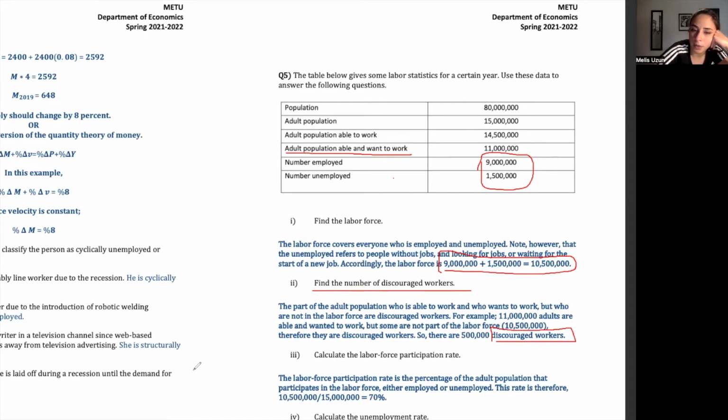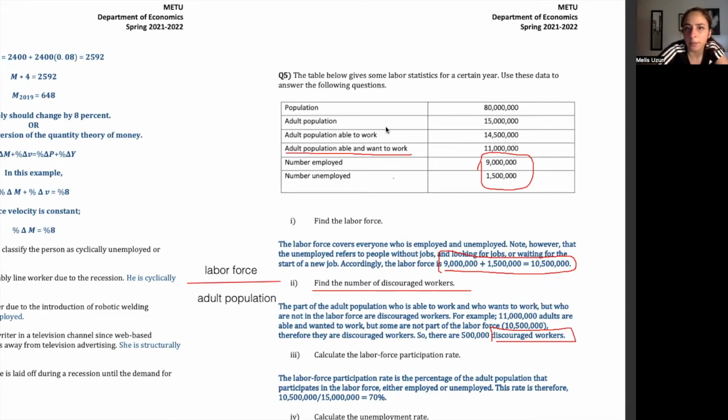We use the formula: labor force divided by adult population.